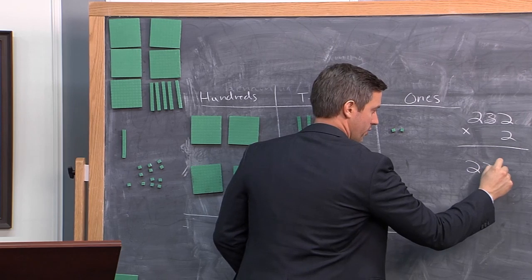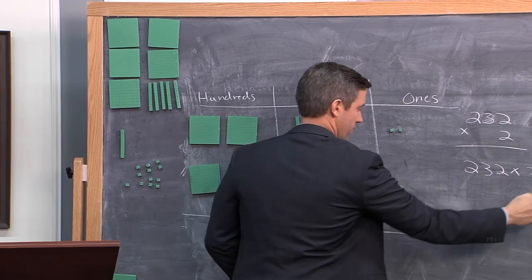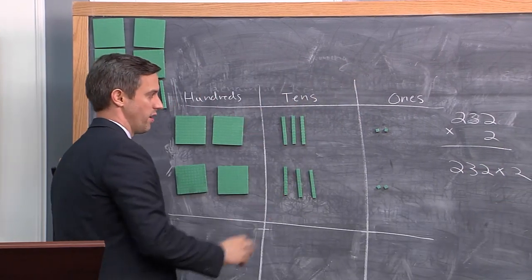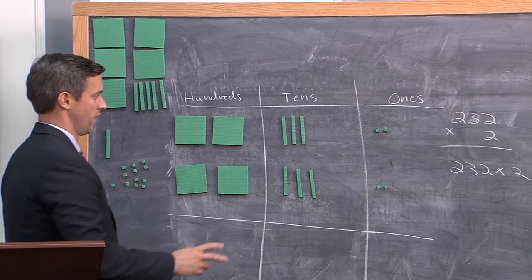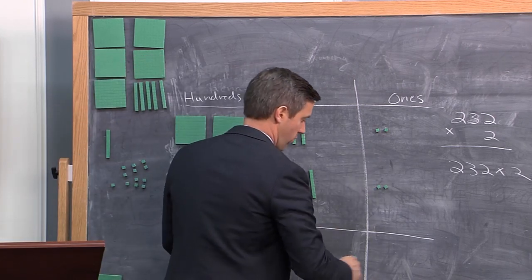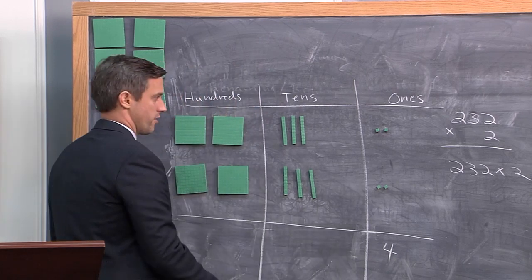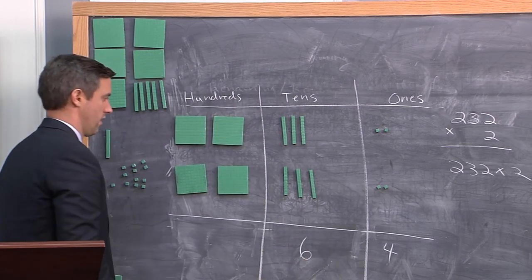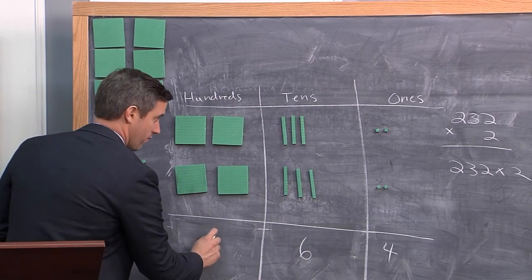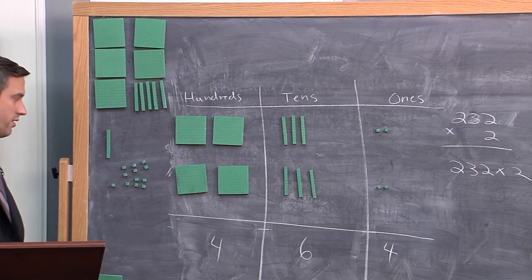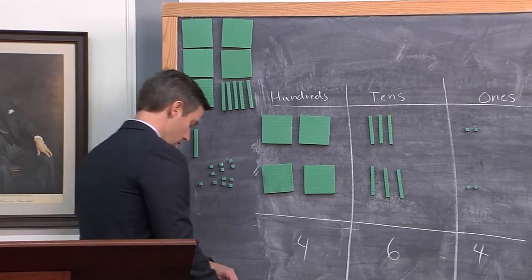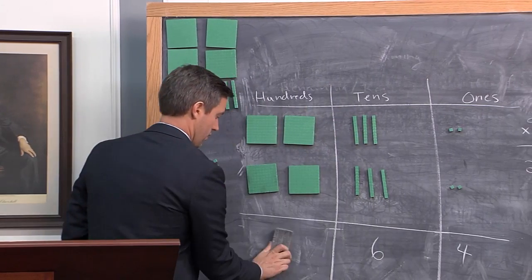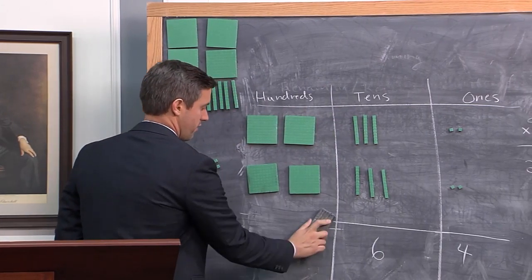It should be 232 times 2, horizontal. Don't get them in the habit of the vertical until they're ready for it. So 2 and 2 make 4. And then I should have 6 here. And then I should have 4 here. 464. Okay. And now for a division problem.